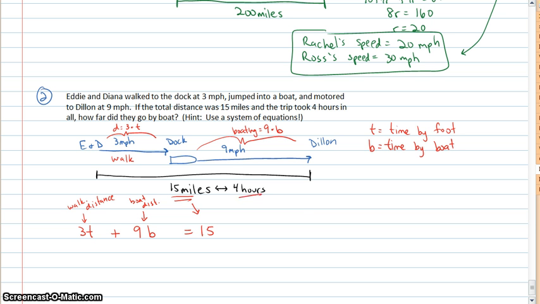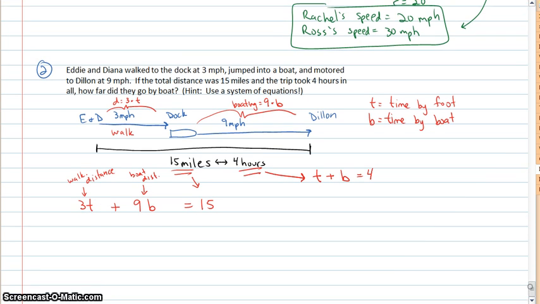Now, what about 4 hours? It should be the amount of time spent walking, which is t, and the amount of time spent boating. If I have the time by foot and the time by boat, do I add them or multiply them to get 4? Perfect, we add them.